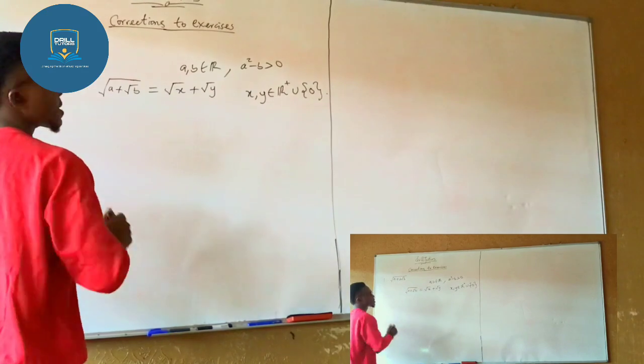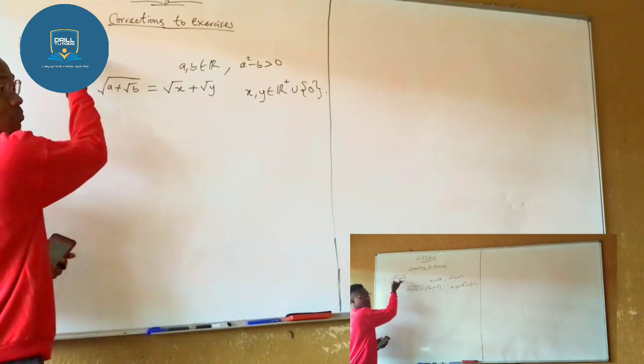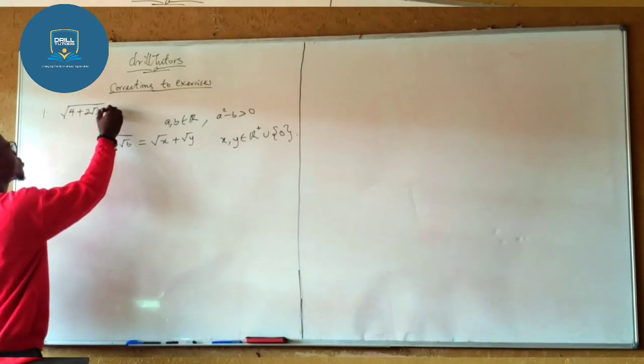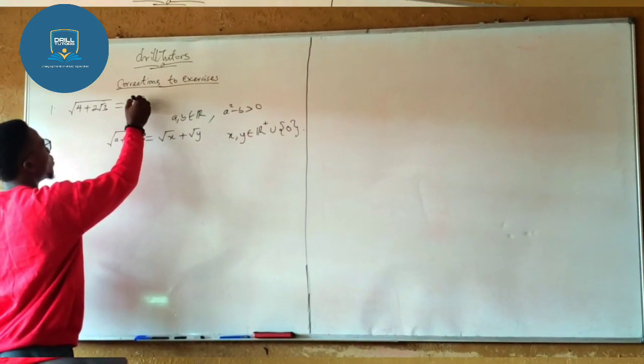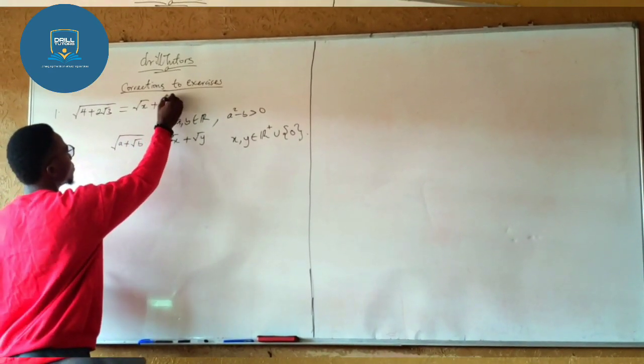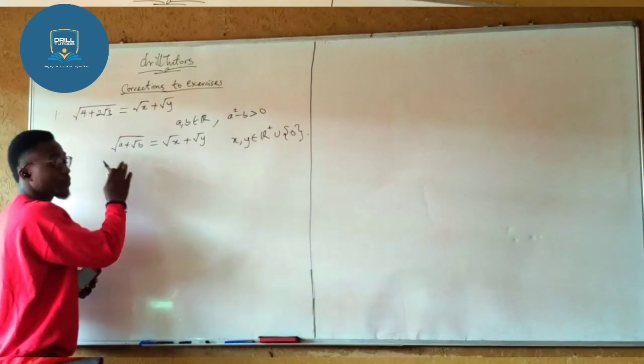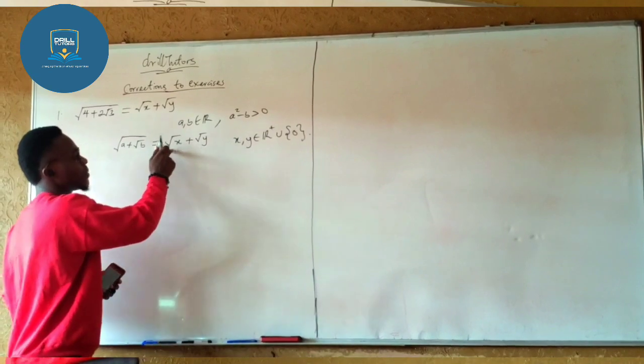So these two numbers here actually satisfy the condition. So we want to express this in the form root x plus root y. And also we need the solution to x and y.